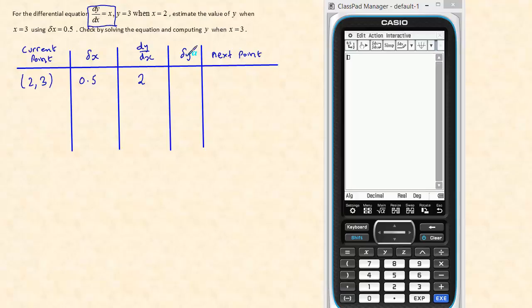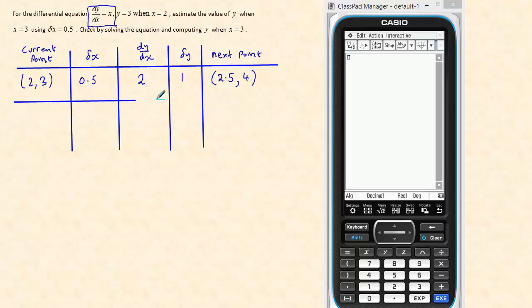So delta y, we know, is dy/dx times delta x, so multiply these together, that gives us 1. So our next point, the x has increased by delta x, so that's 2.5. The y has increased by 1, so we get 4.